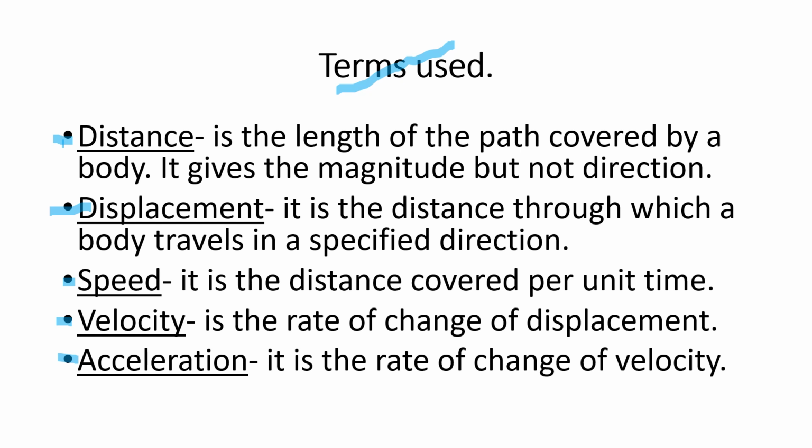Acceleration is measured in meters per square second, and when we have a negative acceleration, that is what we term deceleration. In our next video, we will be looking at example calculations on how we can deal with all these three terms together with the various formulas.